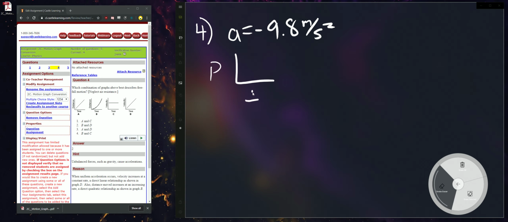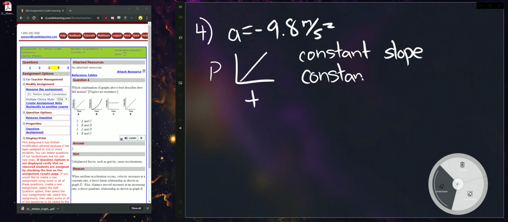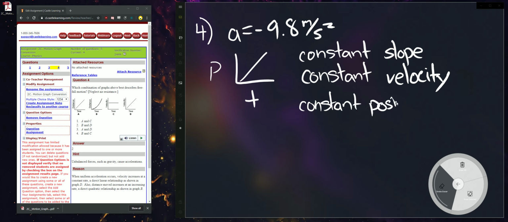So the first choice A represents, again, a constant slope. So constant velocity, and we know it's positive as well because it's a positive slope, so we can say it's constant positive velocity.